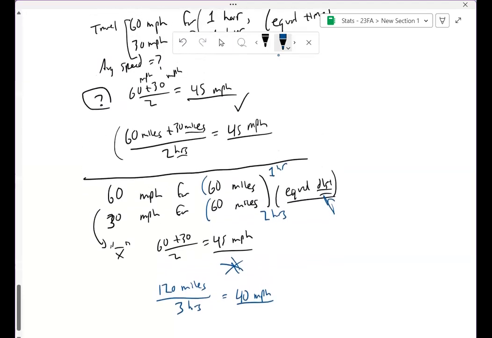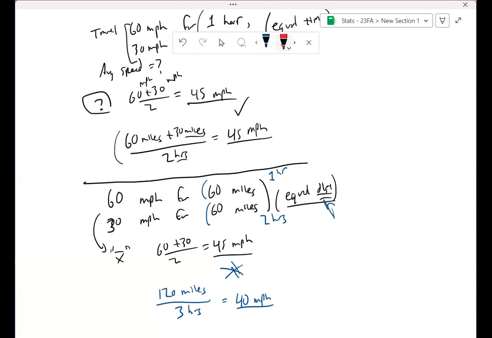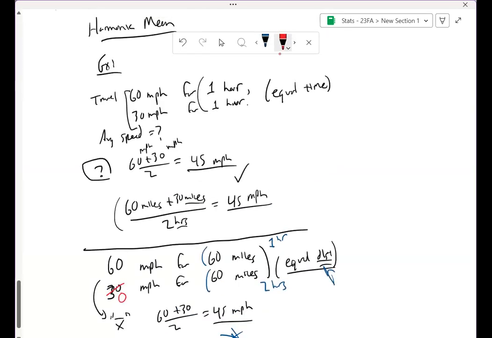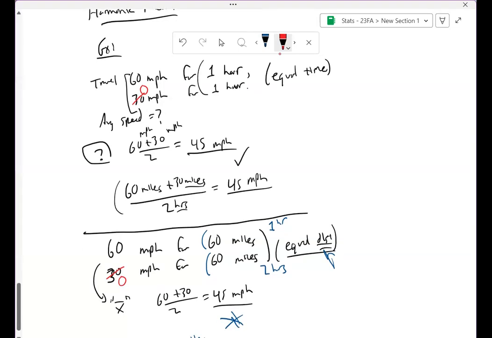If we thought of an extreme case, what if I had said 0 here, and if I had said 0 here? If I drove 60 miles an hour for 1 hour and then parked and ate lunch or something and drove 0 miles an hour for 1 hour, does that make sense? Sure. It would just have taken me 2 hours to go 60 miles.